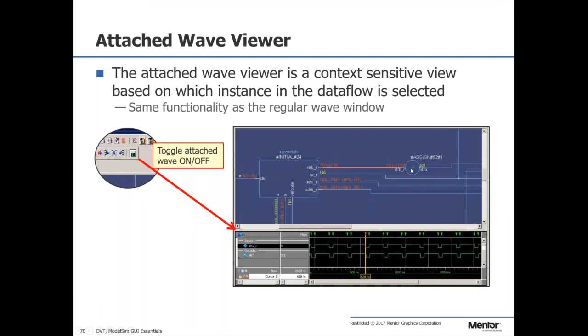So right now, I have selected this assign statement, and it's showing the input and the output of that assign statement right here. If I click on this initial block, it would show all of these signals in this wave window. And so it's just basically an attached wave window that is going to show whatever you click on in the data flow window.